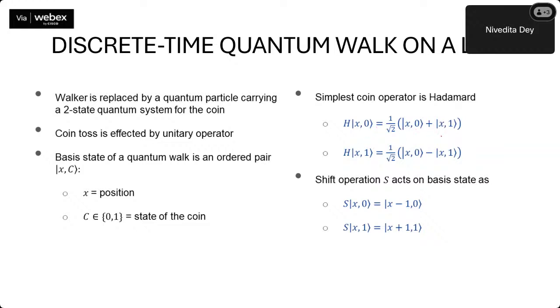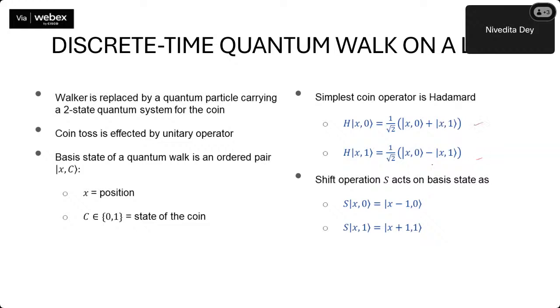So it will be x comma 0 plus x comma 1. What is the difference between x comma 0 and 0? Basically nothing till this point. We are just writing it in the form of x comma C instead of only C. So H on ket 1, ignoring this X as of now, will give me ket 0 minus ket 1 by root 2.